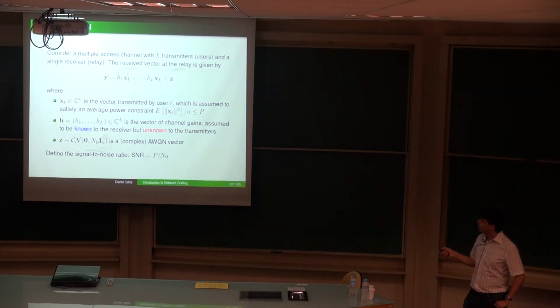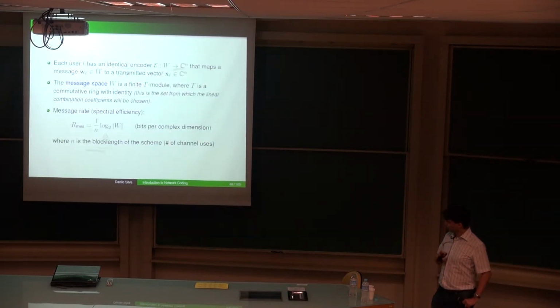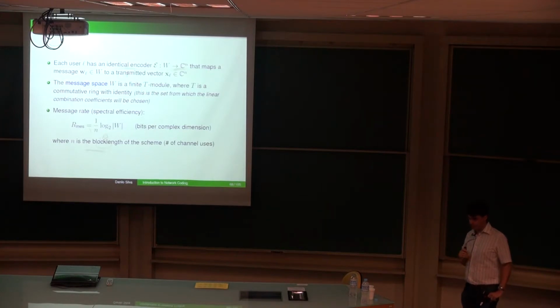And we'll assume that this vector of channel gains is known to the receiver, but completely unknown to the transmitter. Okay, so it's channel state information just at the receiver. It's an important point here. We don't rely on channel state information at the transmitter.